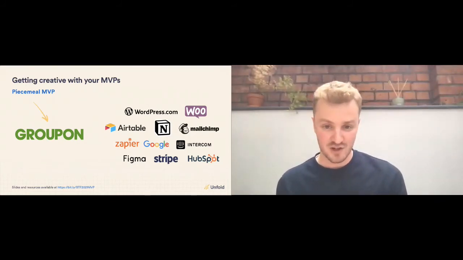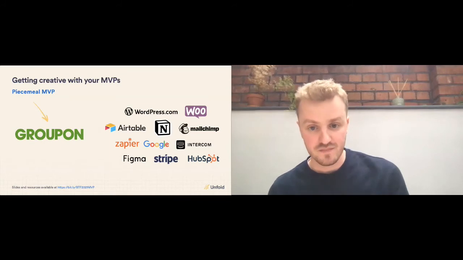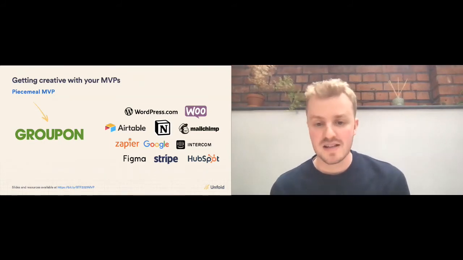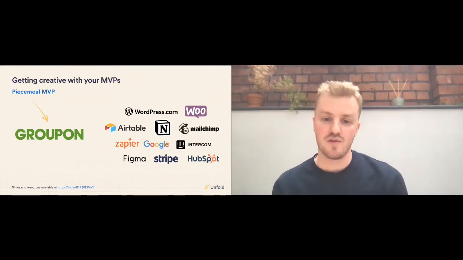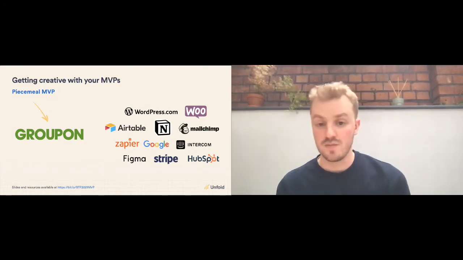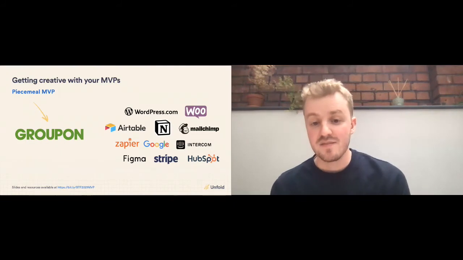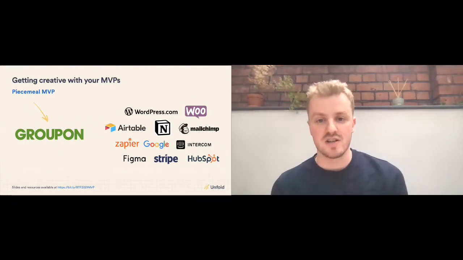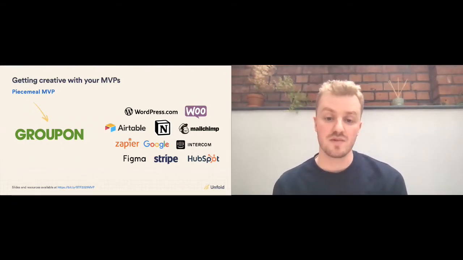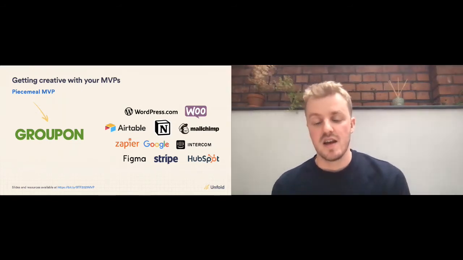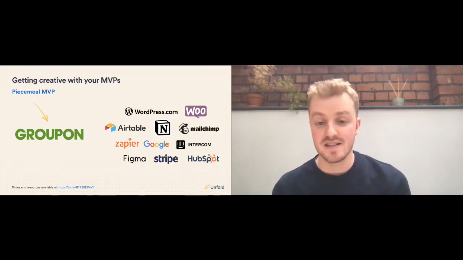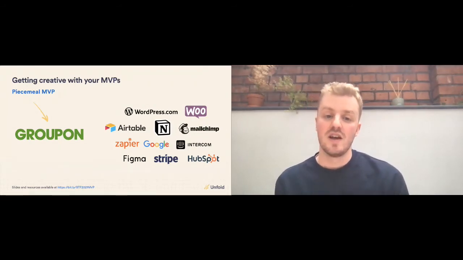So again, a great example of this was Groupon. Obviously, now a massive website with lots of listings for coupons, etc. But instead of building all that infrastructure to start with, they just opened a very basic WordPress site and listed different voucher codes that they could find around the internet, and saw whether they could drive traffic to it.